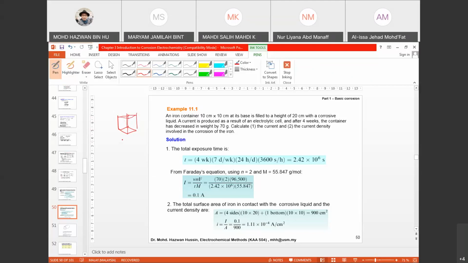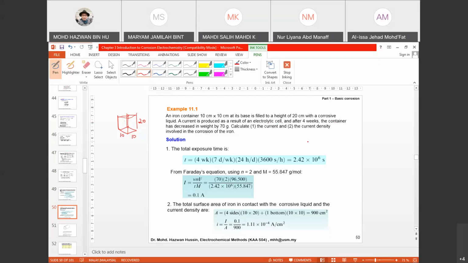All right. So you have a base of 10 times 10, and then it is filled to the height of 20 centimeters with a corrosive liquid, probably like acid or whatsoever. Okay, a current is produced as a result of an electrolytic cell. After 4 weeks, the container has lost 70 grams. Okay, calculate the current and then the current density involved in the corrosion process.